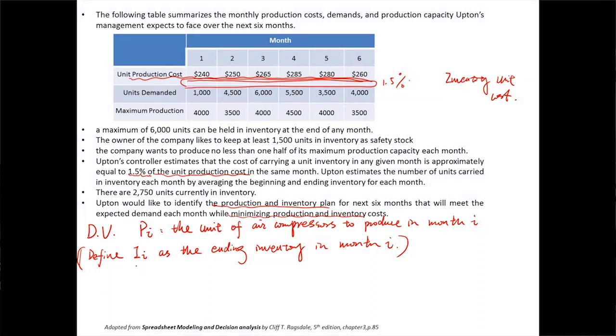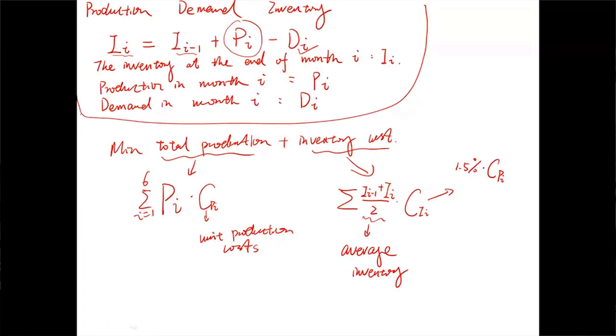Here you define INI as the average inventory in month I. Then in your objective function you don't have to write this out. You will just have INI multiplied by CII. So the objective function won't be that long. Either way works.